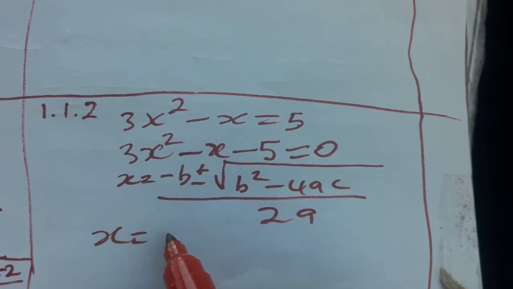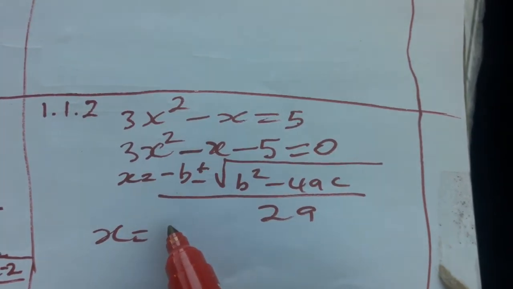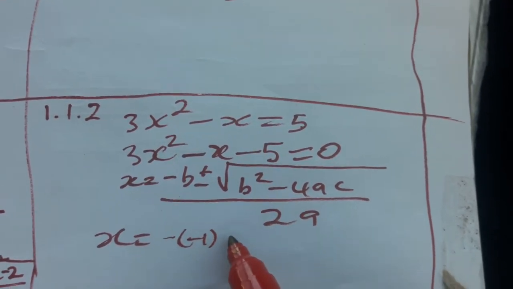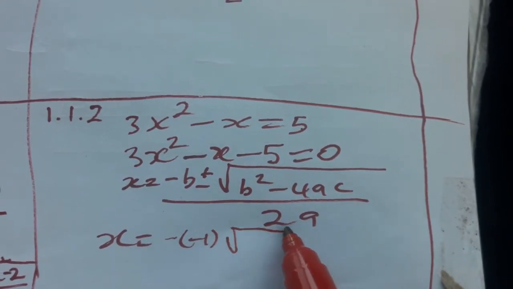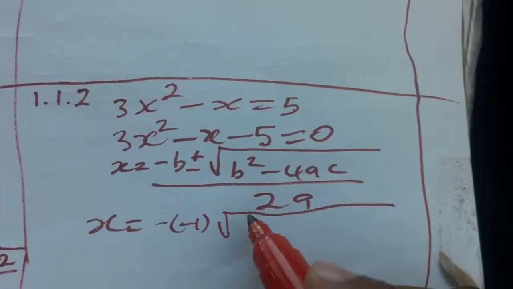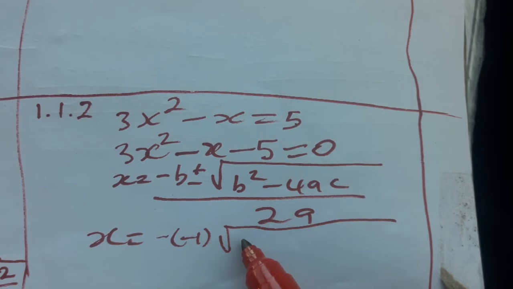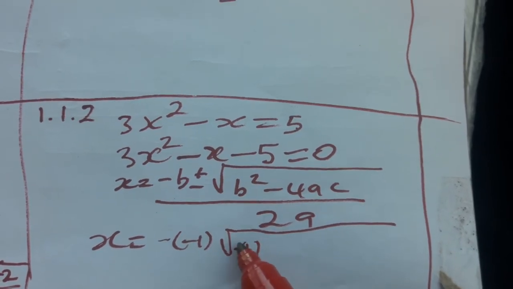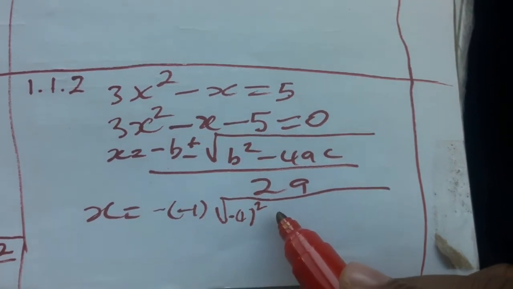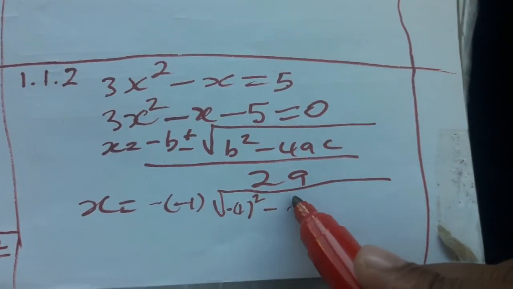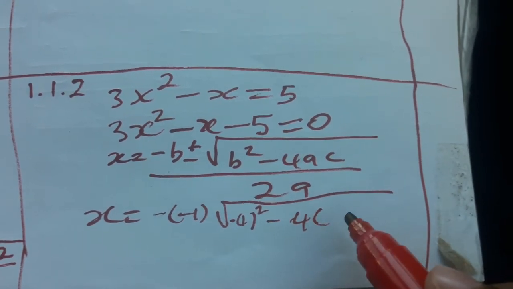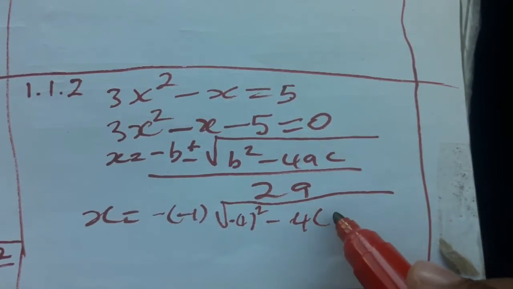So the b is -1. Square root of this is -1 squared minus 4. Then our a is 1.